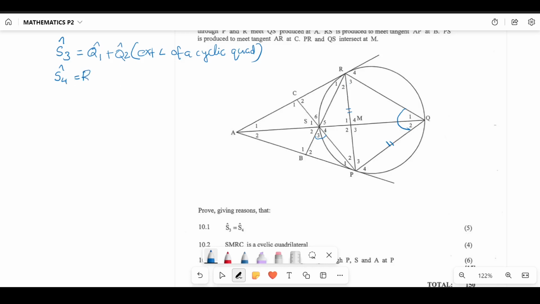So S4 equal to R3 because angles in the same segment. Okay, now check whether these two are equal. Is R3 equal to Q1 plus Q2? Yes, because it was given that PR equal to PQ. So R3 is equal to Q1 plus Q2.